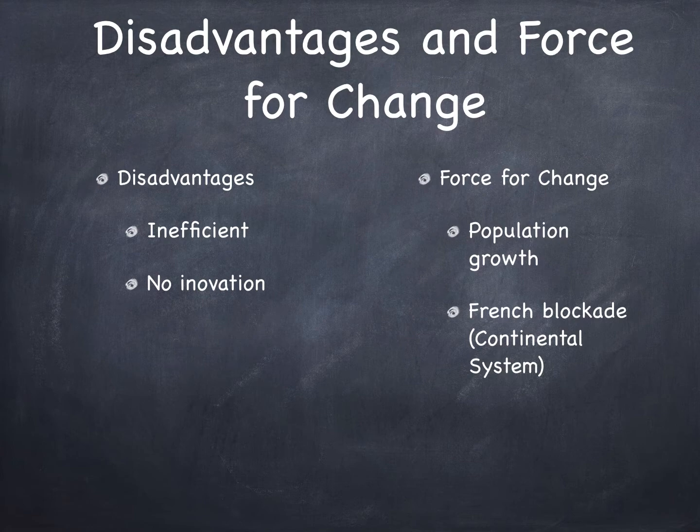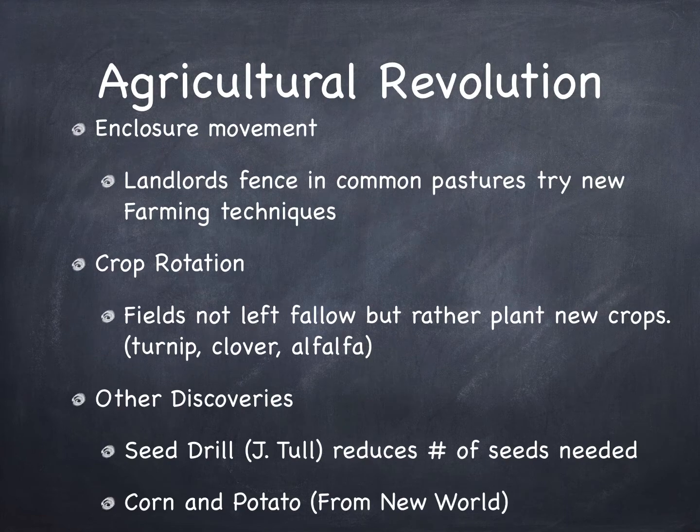So the first thing that Parliament does in England is start what's known as the enclosure movement, in which landlords fenced in what was known as common land, common pastures, and they decided to try a new farming technique known as crop rotation.